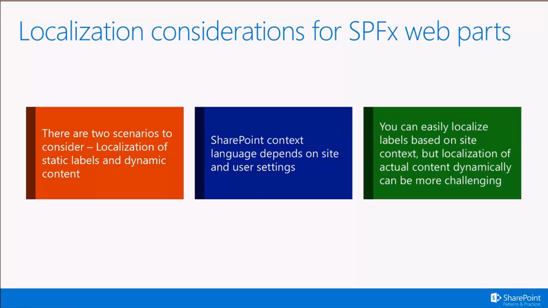And then the user has to have a preferred language set in the user profile. You can go to the user profile properties and set your preferred language, and that will then flip the UI to be translated automatically. And as a web part developer, you can read that value and then start translating your content and information based on that.